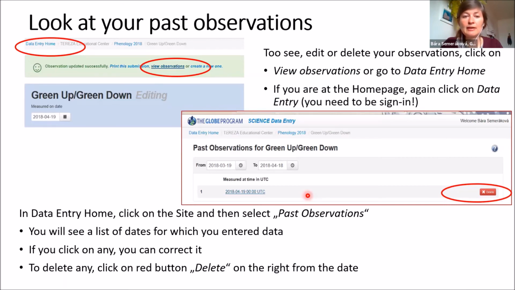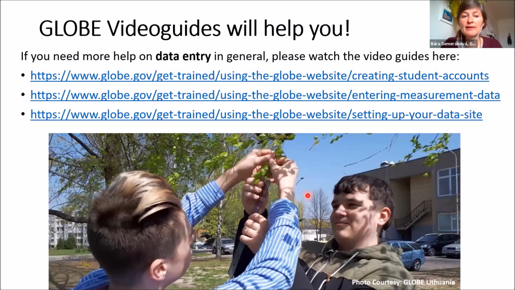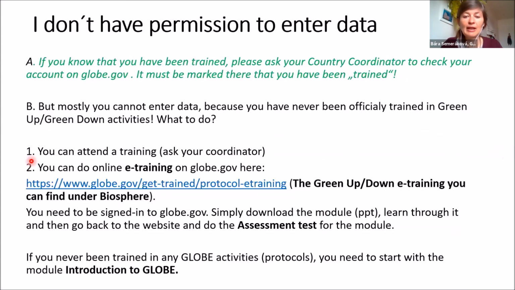So that was all. And here we have again the links that I was sharing to the chat in the beginning, to the tutorials. And then there was one more thing, which is if you cannot send the data or enter the data because the Flow website tells you that you don't have the permission to send the data.